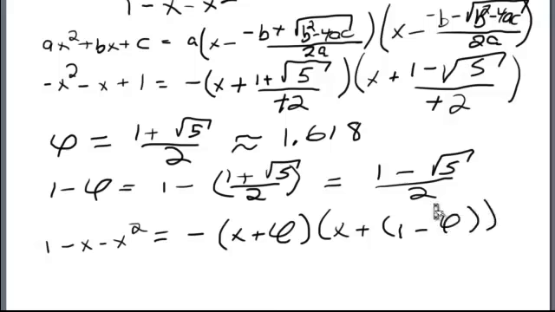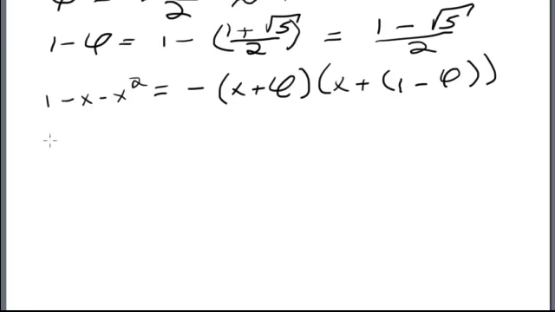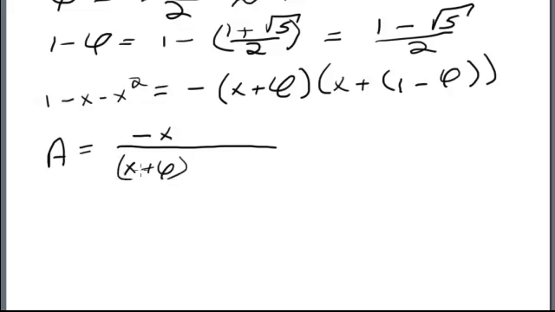Okay, now back to our problem. So we've got our factor. So A is equal to, I'm going to bring that negative sign up, so it's going to be negative x over x plus phi times x plus 1 minus phi.